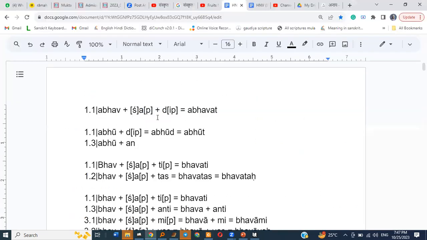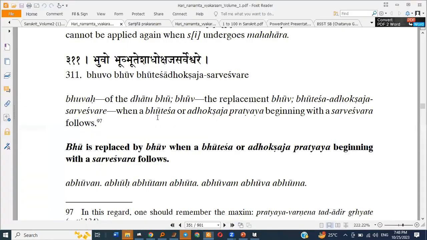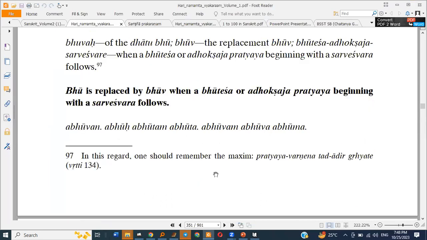Now this an is a bhutesha pratyaya which begins with the sarveshwara. Thus, by the current rule, the bhu would turn into bhu. So when an adhokshaja pratyaya or a bhutesha pratyaya follows, either of them, which begins with the sarveshwara, this bhu turns into bhu. So we get abhuvan. So abhut, abhutam, abhuvan. Similarly, abhuhu, abhutam, abhuta, abhuvam, abhuva, abhuma.